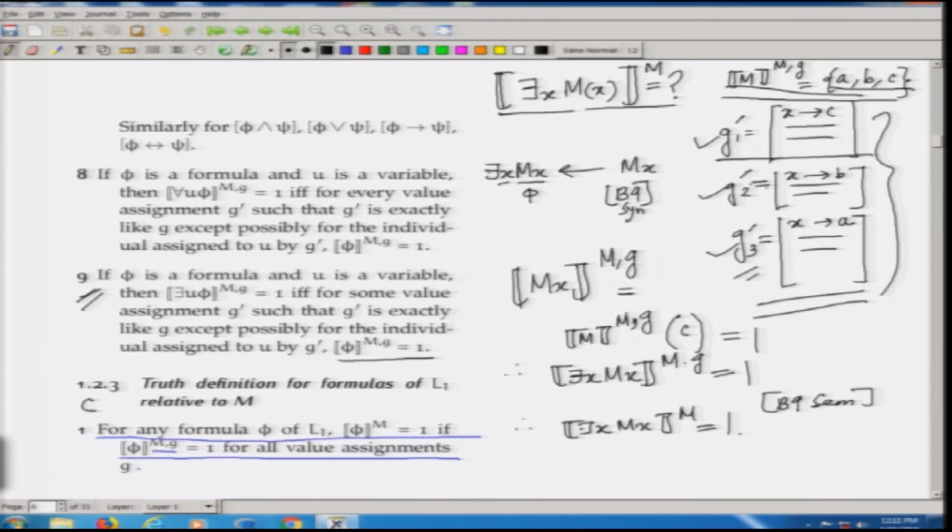So, this is how we calculate the value of a 1 plus predicate in this system.